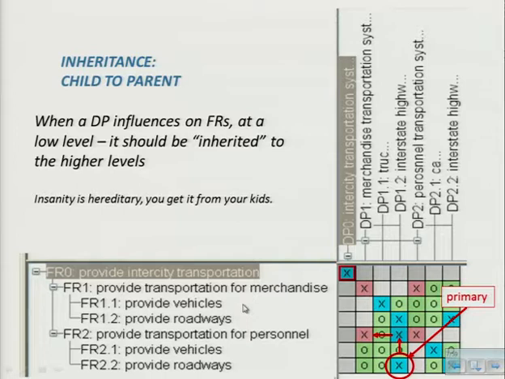So in the United States, we've decided that one set of roadways would be sufficient for this. And so if we take a look at the DPs, and this got truncated here, this should be trucks and this should be cars. But the coupling comes in that we've got the interstate highway system that both the trucks that are transporting the merchandise and the cars have to ride on.